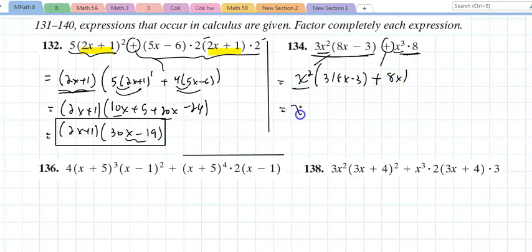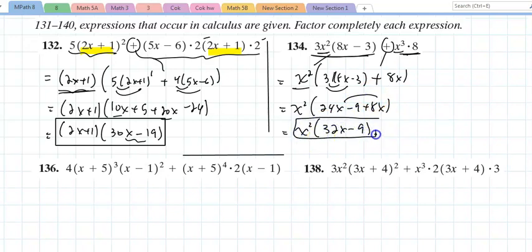And now all I have to do is simplify this completely, and that will be x squared into (32x minus 9). And I know that in this case x would equal 0 and x would equal 9 over 32. That's something you don't have to do, but that's where we're going with this.